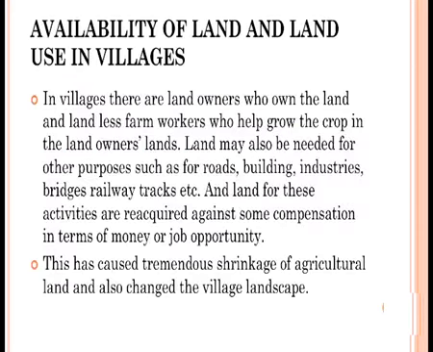Now we come to the availability of land and land uses in villages. In villages there are landowners who own the land and landless farm workers who help to grow the crop.